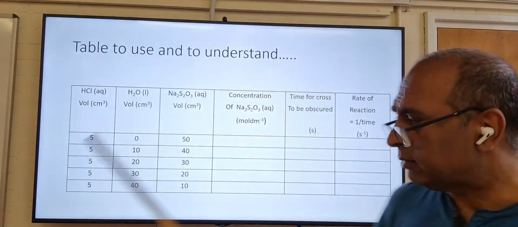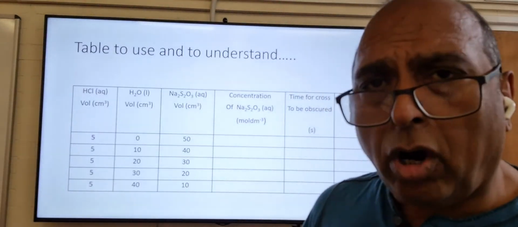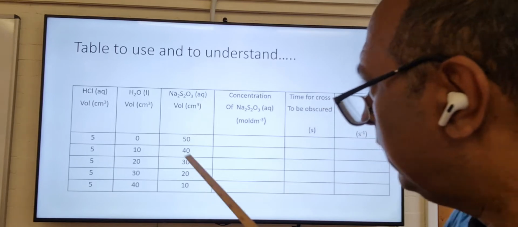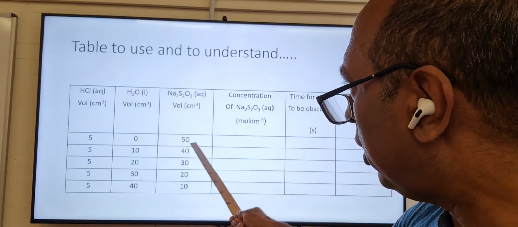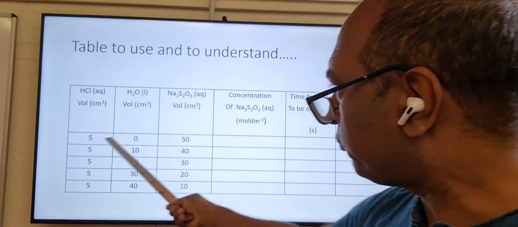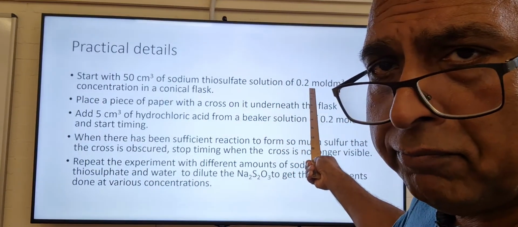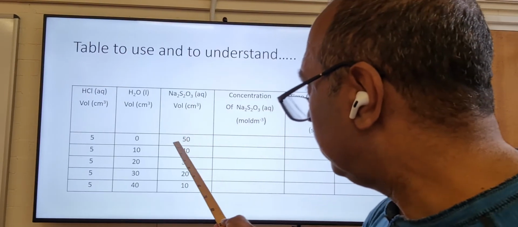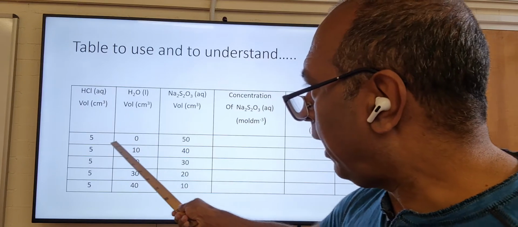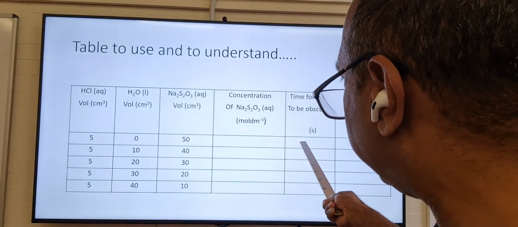Before I do it, let me tell you, we need that kind of table, and when we start, we're going to put 50 of thiosulfate, so that concentration, going to put 50 and no water and 5 of acid, and time how long it takes.